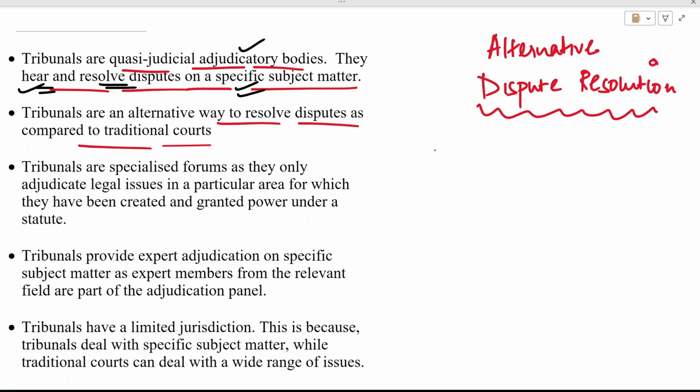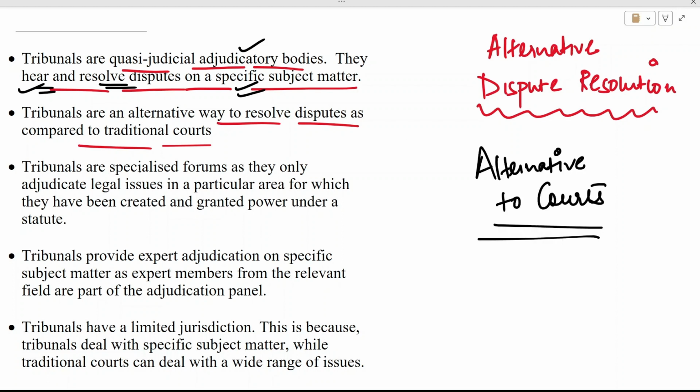So, in certain cases, in areas in which we have tribunals, for example, for environmental matters, we have tribunals, for consumer affairs, we have tribunals, for company law related corporate affairs, we have tribunals. For different fields and areas, we have tribunals. So, they are an alternative way to resolve disputes.